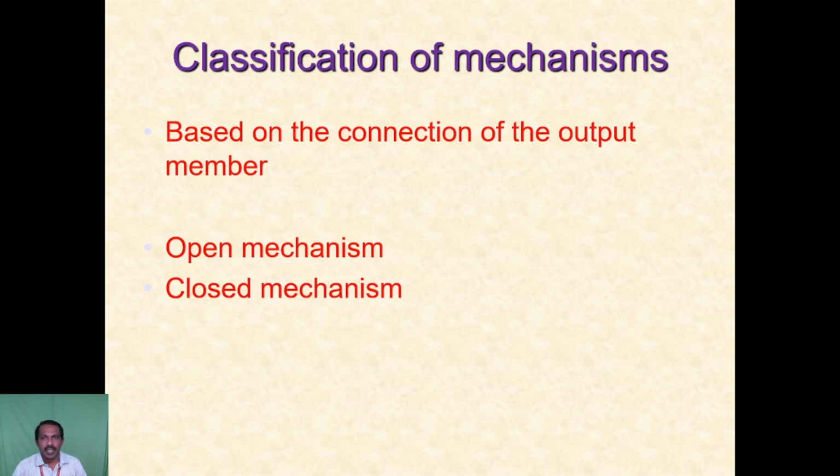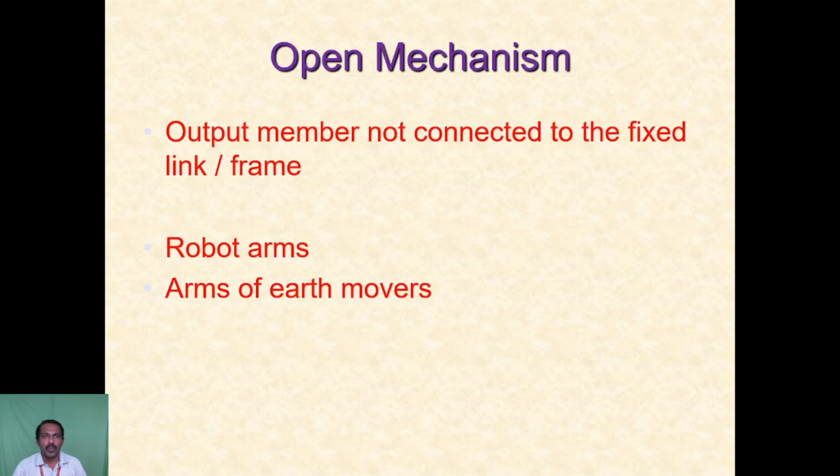Another one is classification of mechanisms based on the connection of the output member. So there are two types: one is the open mechanism, another is the closed mechanism. In an open mechanism, the output member is not connected to the fixed link.